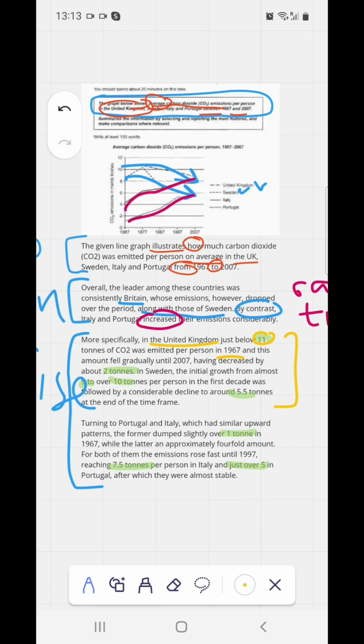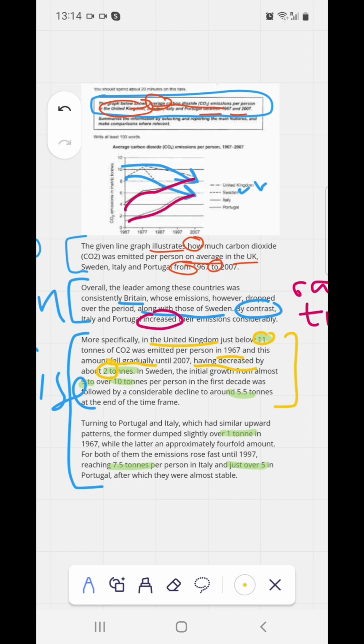We have when it was. Then we have descriptions of changes, fell gradually, and having decreased by 2 tons. So we have specific description of changes that happened within the period.